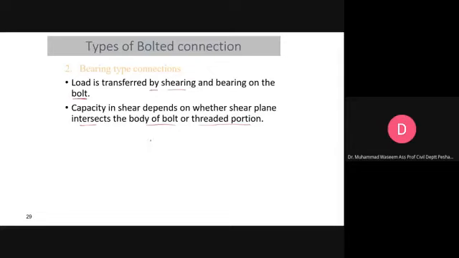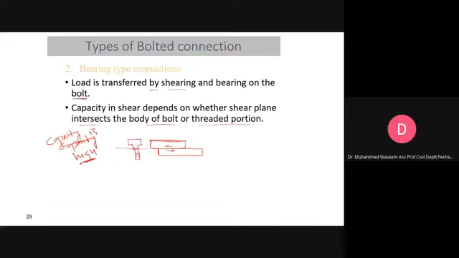If, for example, this is the shear plane, and this shear plane passes through the body of the bolt which is not threaded, the capacity is high.